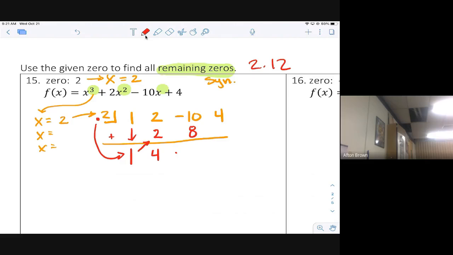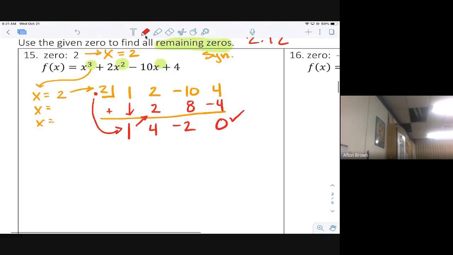Wait, which one? We add these. No, I'm saying the 4 gives you 2. Oh, down here. And what kind of 2 is it going to be? A negative. Yeah, and then a negative 2 times a positive is a negative 4. Yay, check.